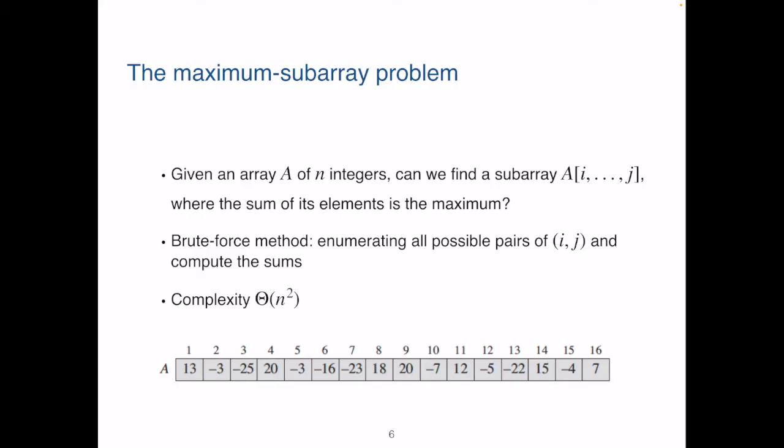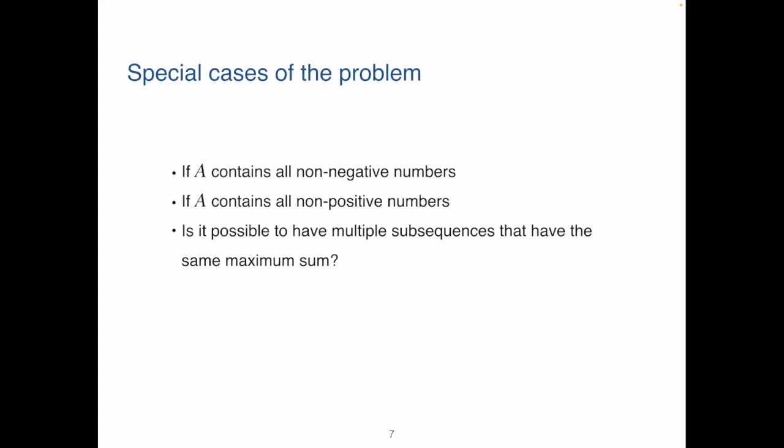Can we have a better algorithm for this problem? First, we see that there are some special cases of this problem when it actually becomes less challenging. If A contains all non-negative numbers, we would simply add all the elements up. If A contains all non-positive numbers, the answer would be a set of only one item, the largest value in A.